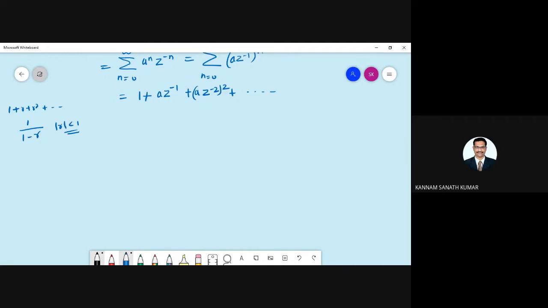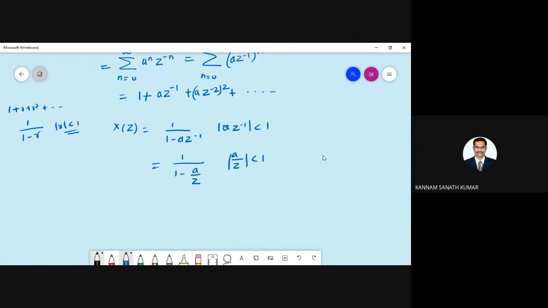If you substitute, what you get is X of z equal to 1 by 1 minus a z inverse, with the condition that mod a z inverse is less than 1. This you can write as 1 by 1 minus a by z, where mod a by z is less than 1.